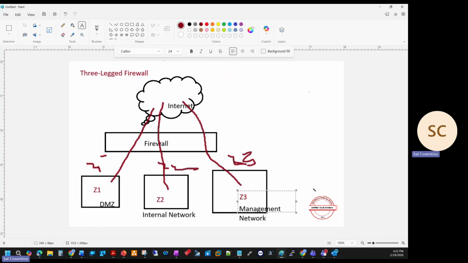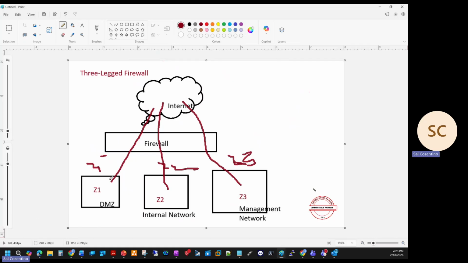You have to understand that we're supporting multiple zones here, and this one firewall device is supporting that. And that's actually really, really important.